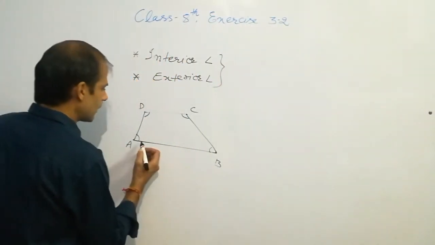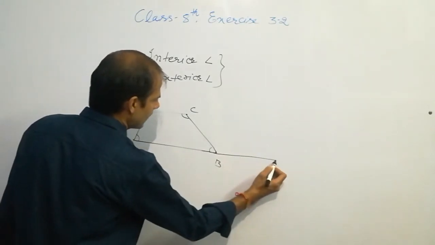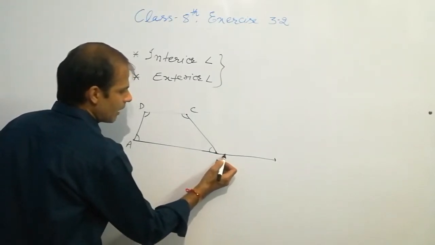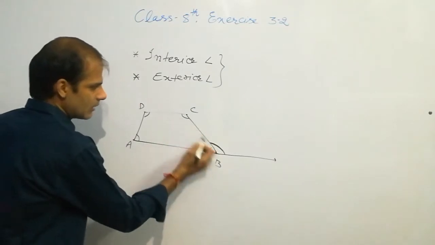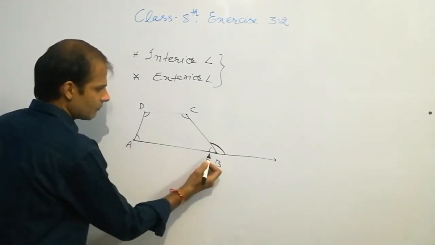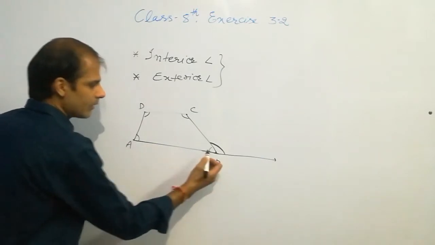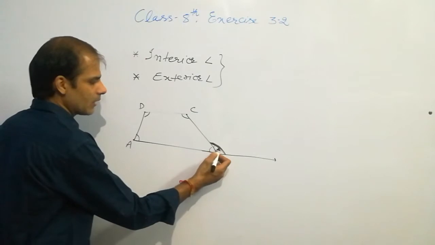And if you produce a line segment in the same direction, then if this produced line makes an angle with the adjacent side, so BC is the adjacent side to AB and this produced line makes an angle with BC. This angle is exterior angle.